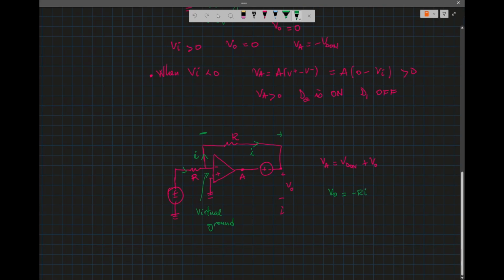We know that Vi minus 0 over R equals I. Then in this case, V0 equals minus R times I, which is Vi over R. So the R cancels out, and then we have V0 equal to negative Vi.